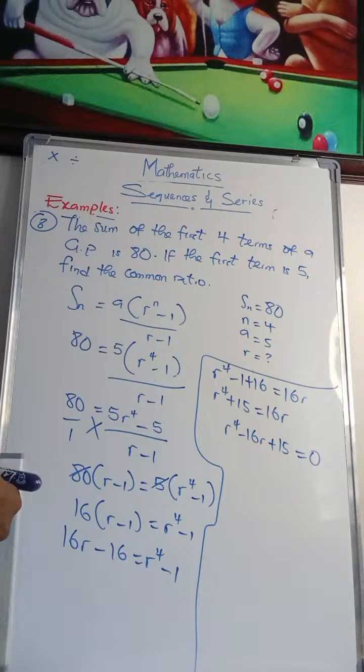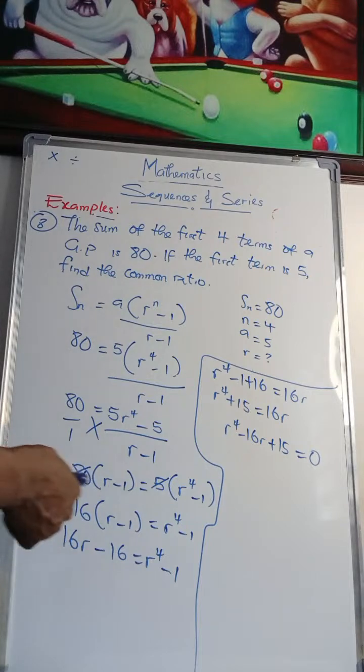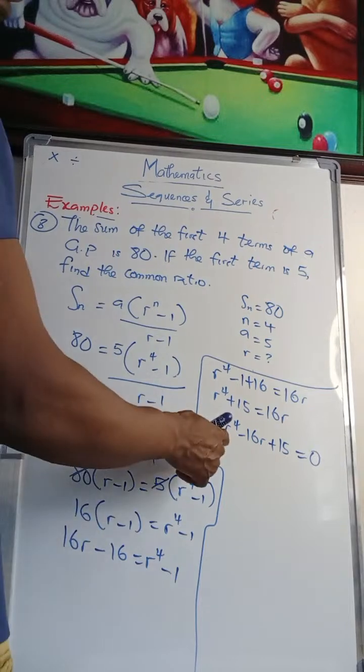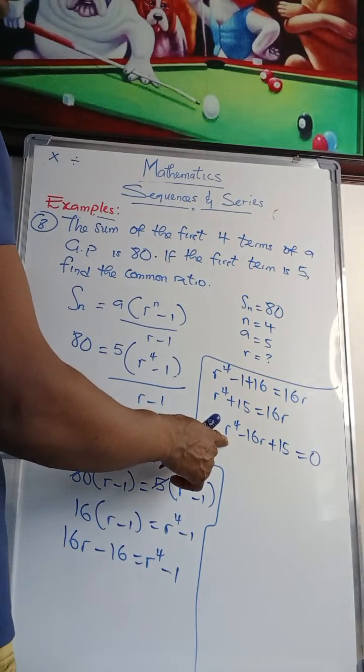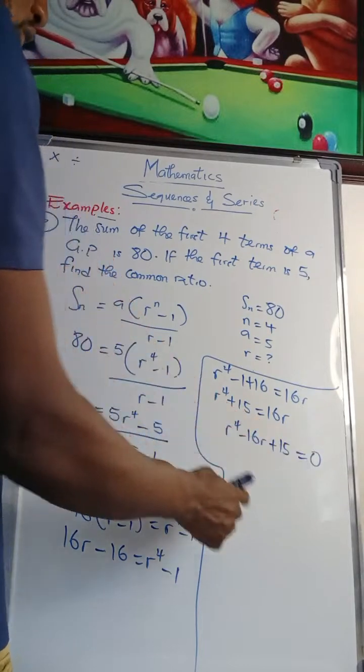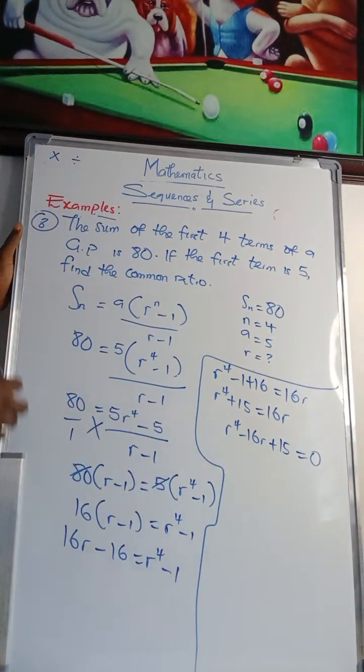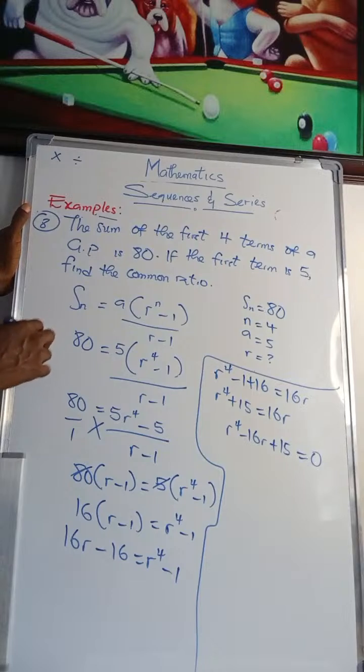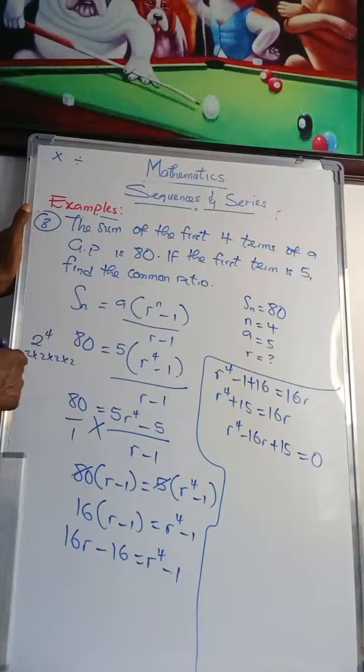So we have to solve this. This is a polynomial. And then let's test for small values of r. Okay, so now if you put r equals to 2, let's see if what we're going to get here will be 0. Right, so if r is 2, we have 2 raised to power 4, and that gives us 2 times 2 times 2 times 2. 2 times 2 is 4, 4 times 2 is 8, 8 times 2 is 16.